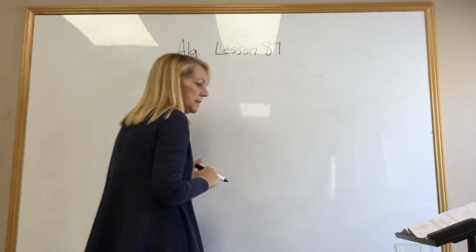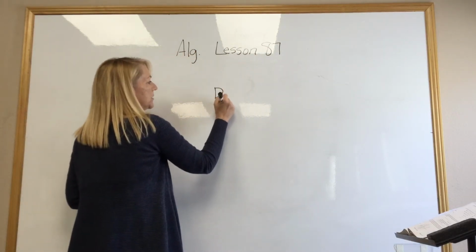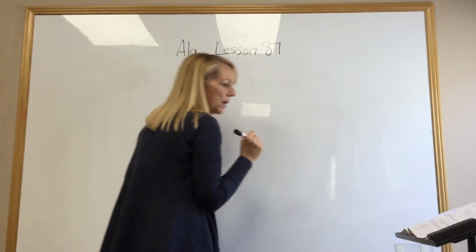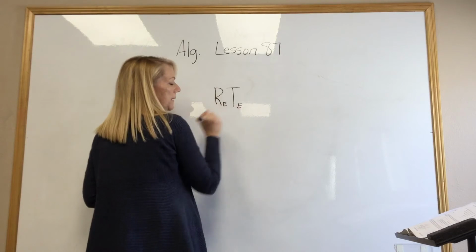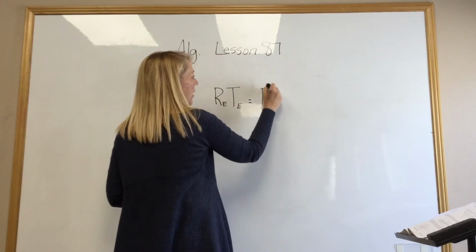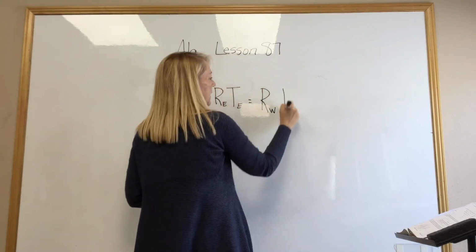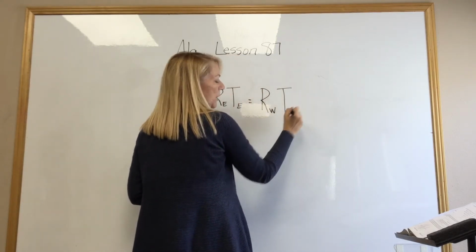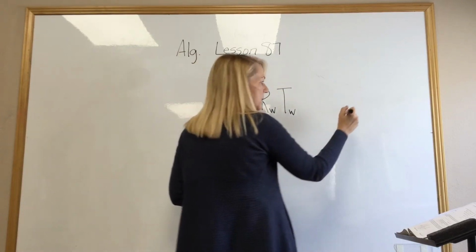So in this example, we have the equation r subscript e times t subscript e is equal to r subscript w times t subscript w, and then they give me some givens.